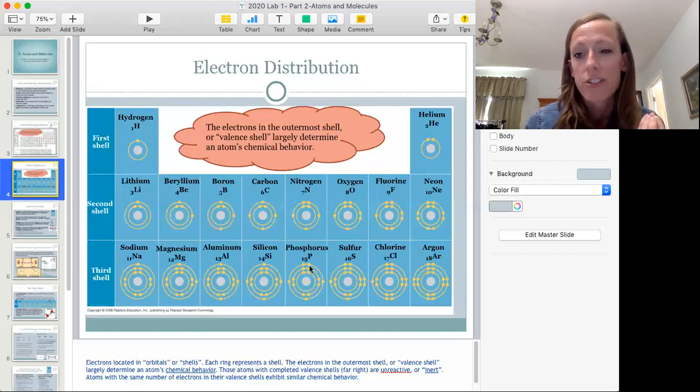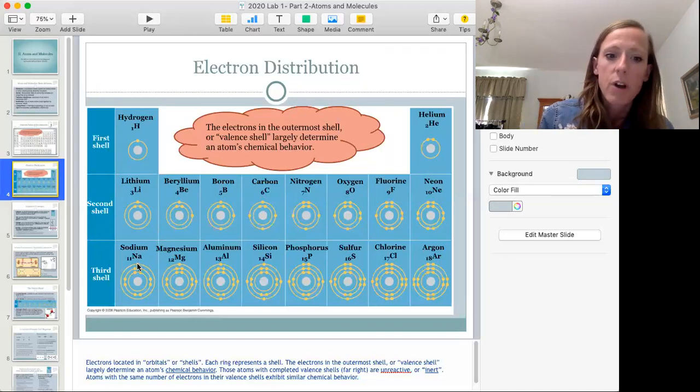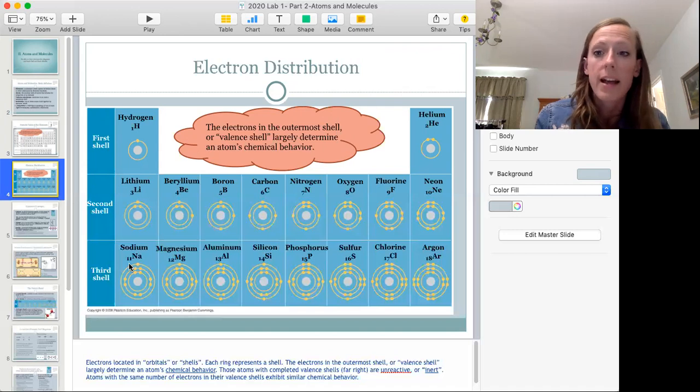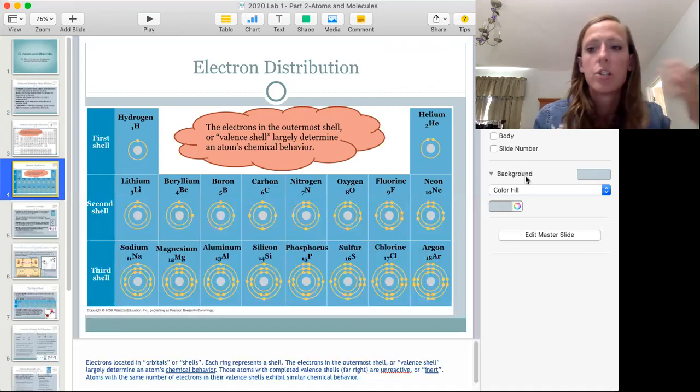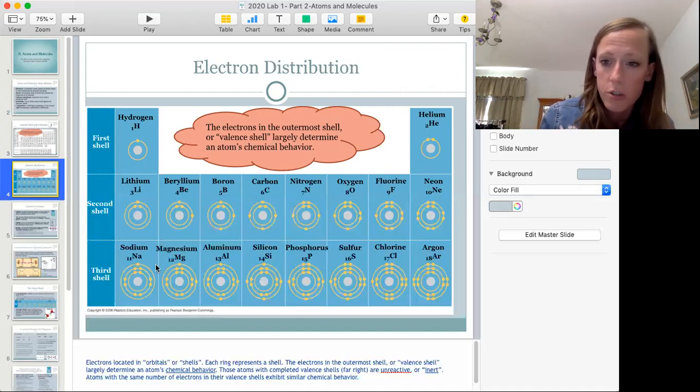And so what happens is it usually steals that electron away from sodium. And what you have then is the lack of an electron, the lack of a negatively charged particle here with sodium. So sodium then we say has a positive charge because it's lost that 1 electron, it's lost that negative charge. So it has a more positive charge associated with it.